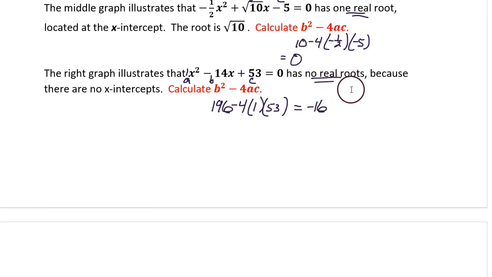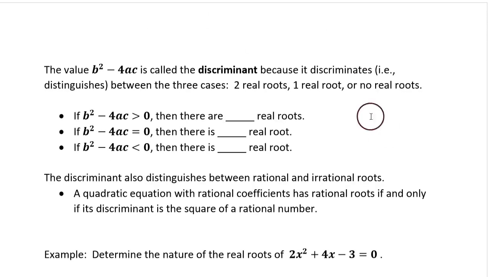Let's consider those three results and summarize what we noticed. First of all, let's give a vocabulary name to the expression b squared minus 4ac, which I hope that you recognize is the thing inside the radical in the quadratic formula. We call that the discriminant because it discriminates between three different cases.